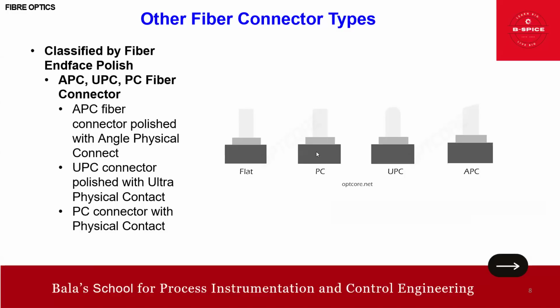Almost flat, and PC are both the same. Then you have this, UPC. UPC means ultra physical contact. As you can see here, this is the ultra physical contact. Then APC is angle physical contact, right? This is the kind of design. I took this picture from this manufacturer.